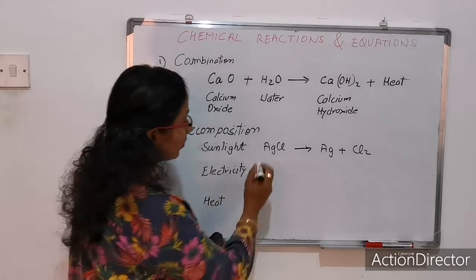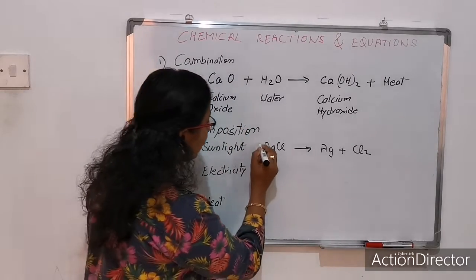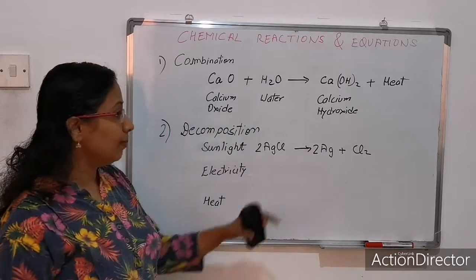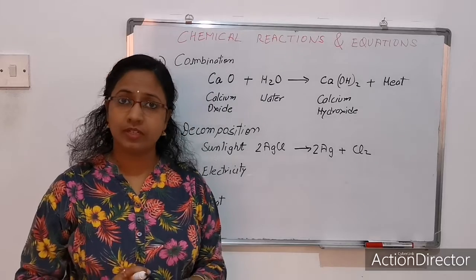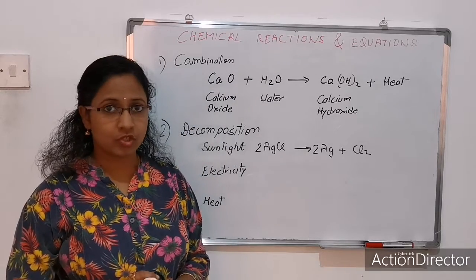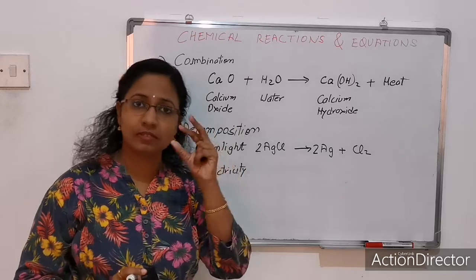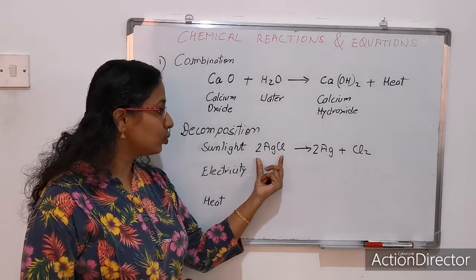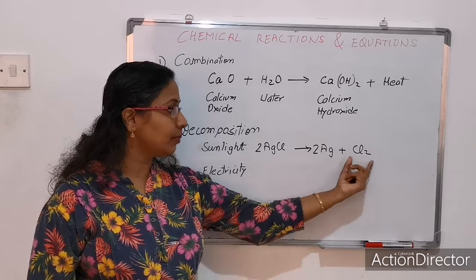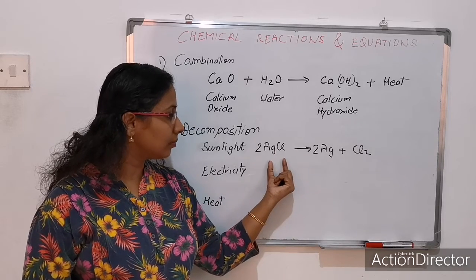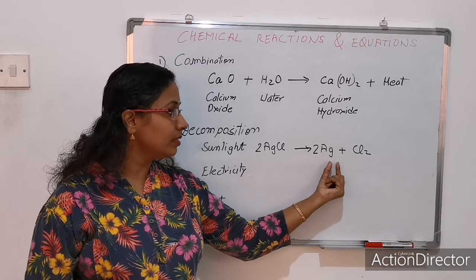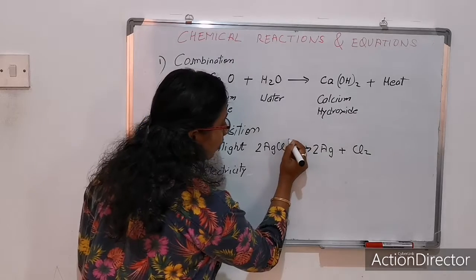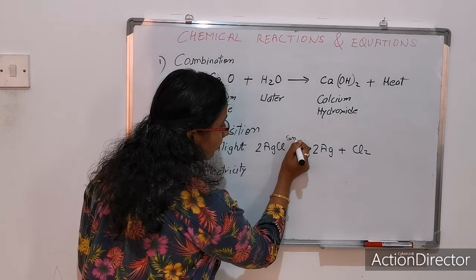On balancing it becomes 2AgCl gives 2Ag plus Cl2. Balancing of chemical equations I have done in another video, you can go and watch it. So 2AgCl gives 2Ag plus Cl2: silver chloride gives silver and chlorine in the presence of sunlight.